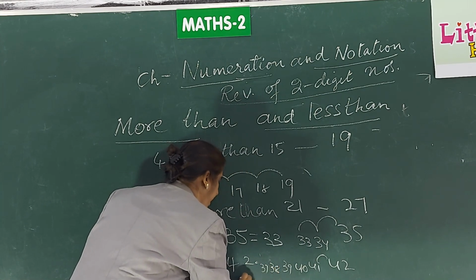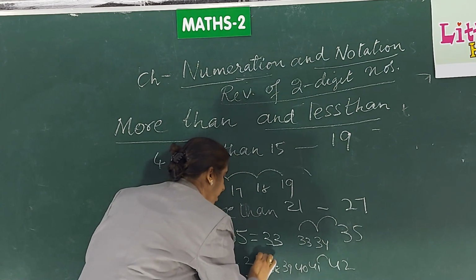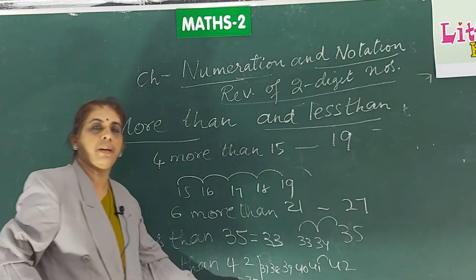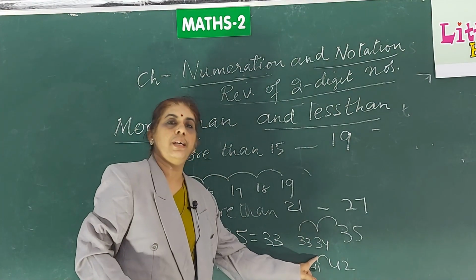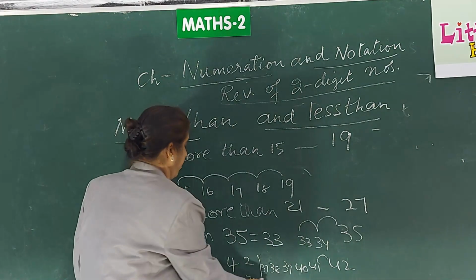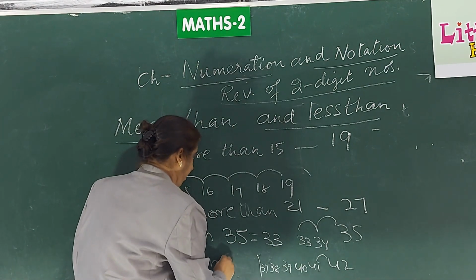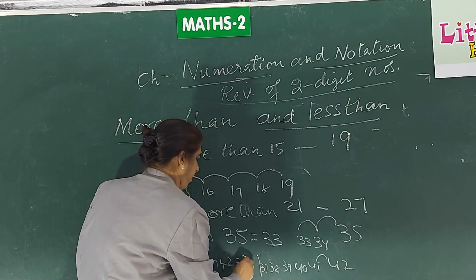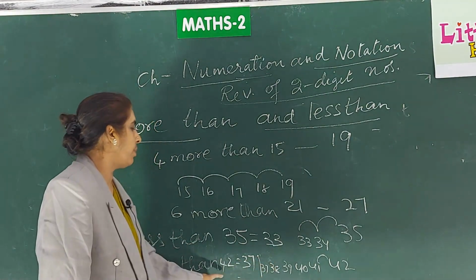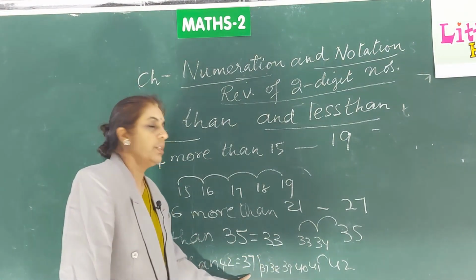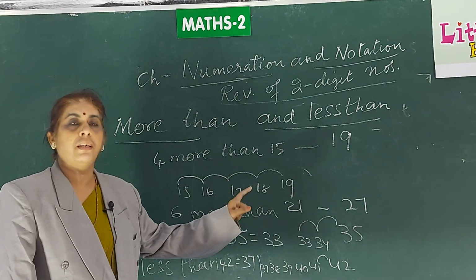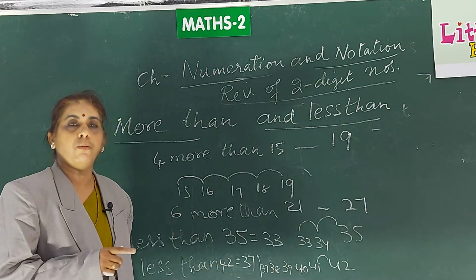The answer is 37. 5 less than 42 is 37. You have to count 5 steps backward from 42. Children, have you understood? More than means you have to count forward and less than means you have to count backward.